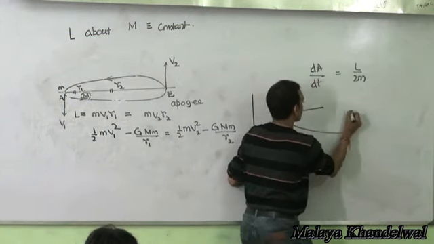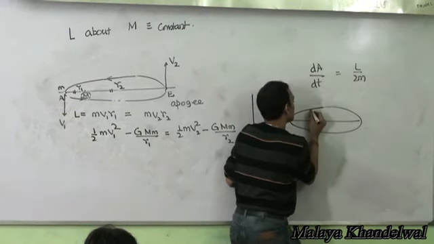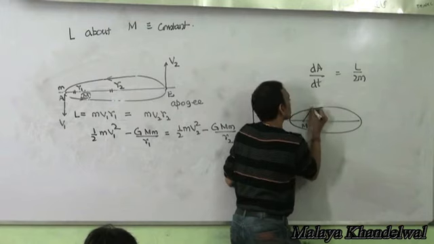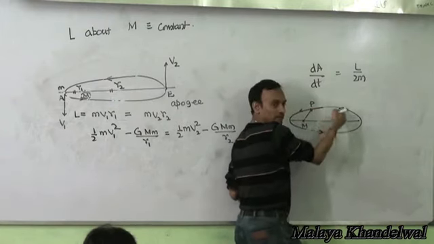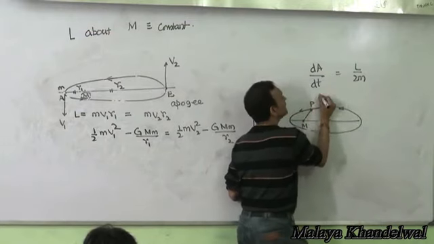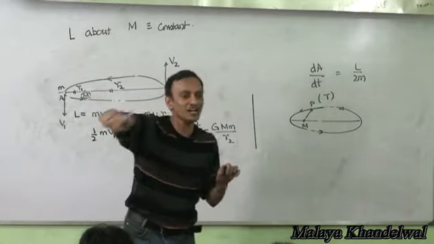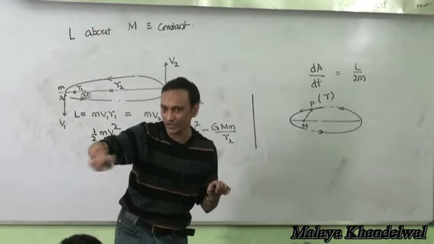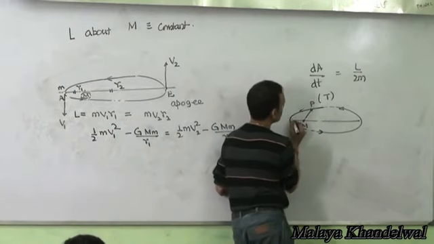In a certain time, let's say, this is where it was. It will go from P along the entire ellipse and come back to P. And when it goes from P and comes back to P, it takes a time equal to T, which is the time period of revolution, time taken to complete one full revolution, right?